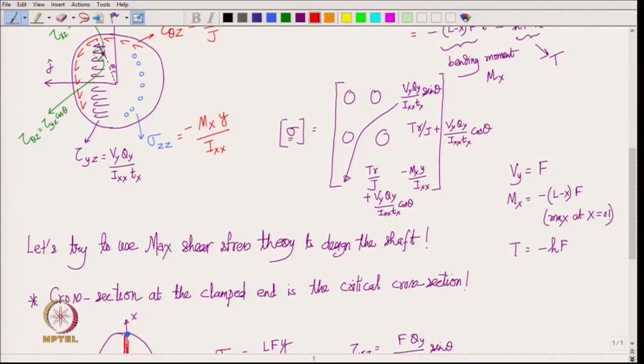So, look at this stress matrix. We know what is the value of torque T, we know what is the value of J. So, for every point in the cross section, we evaluate the stress matrix, find out the values of lambda 1, lambda 2, lambda 3 for different points in the cross section, and then get lambda 1 minus lambda 3 by 2.